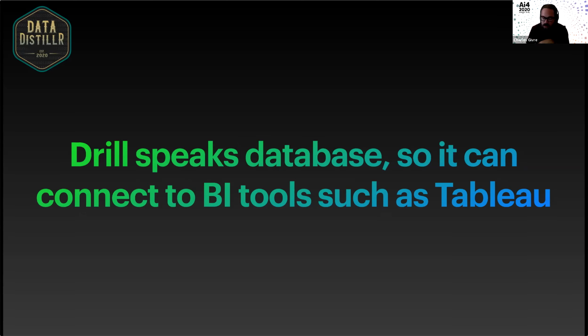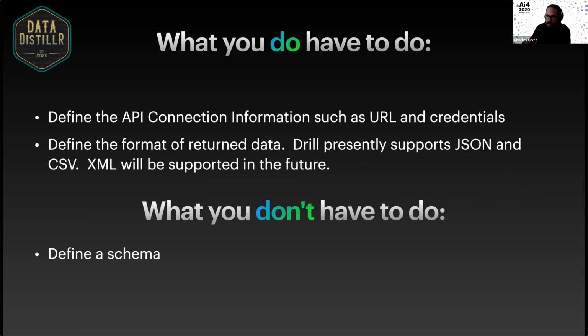So if you wanted to use a BI tool such as Tableau or Qlik or something like that, you can just connect that directly, and all of a sudden all of your API data is queryable quickly and easily. What you have to do in order to make this work is, obviously, have Drill running, but you have to first define the API connection information. This would be available in any API's documentation.